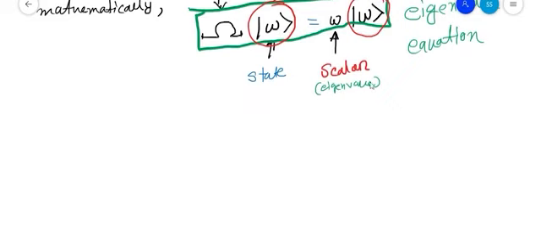The reason for this equation's significance will be evident a bit later when I show you the geometrical interpretation of it.